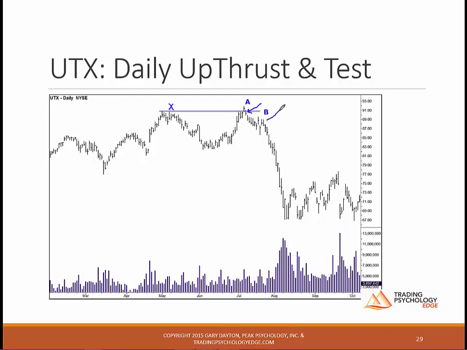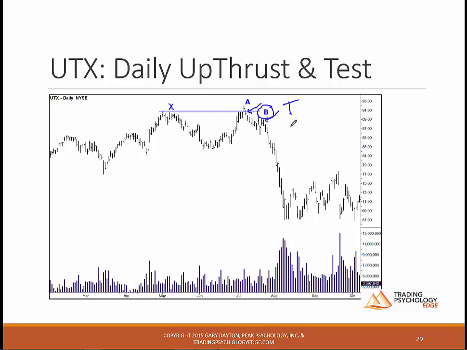Another entry would be on the test of the upthrust. This is the more conservative play, to take the test, and that's fine. I have no qualms about that.